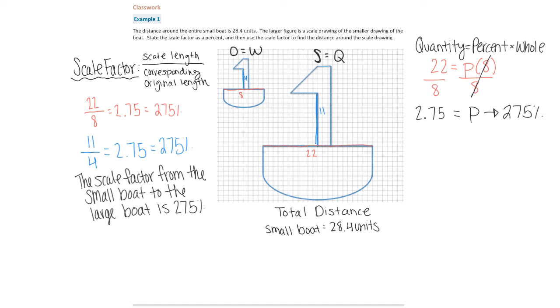Now again, we're going to want to use our favorite formula, and that's going to be quantity equals percent times whole. Now, the distance of the large boat is going to be our quantity.